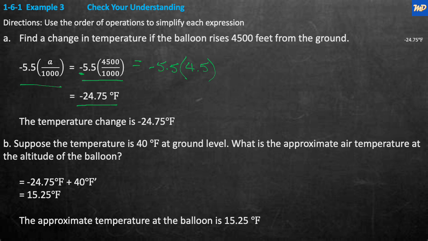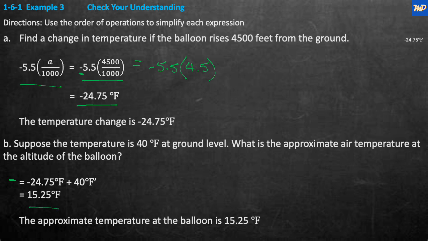Well, if it was 40 degrees when you started, all you have to do is take your starting temperature, 40 degrees, and add the change to it. We know what the change is going to be, and really what you're doing is subtracting. So you're going to take 40 and subtract 24.75, and you're going to end up with 15.25 degrees Fahrenheit, and it will be positive.